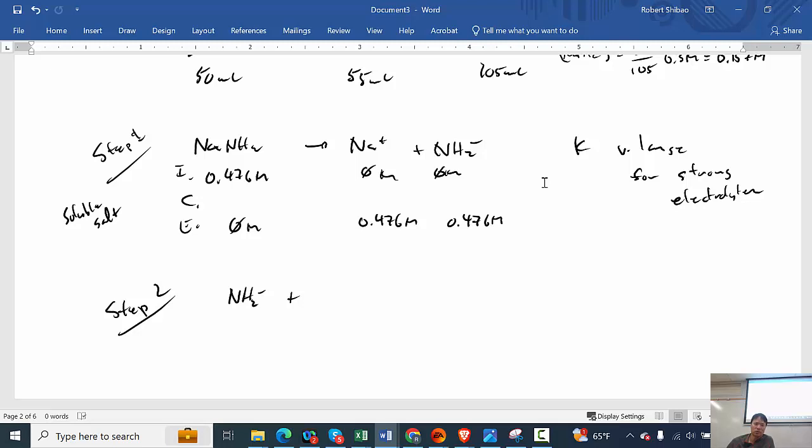And so now we'll do the strongest base and the strongest acid. The strongest acid being water. What's going to form here? Yeah, ammonia and hydroxide.